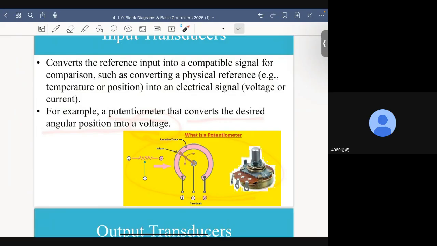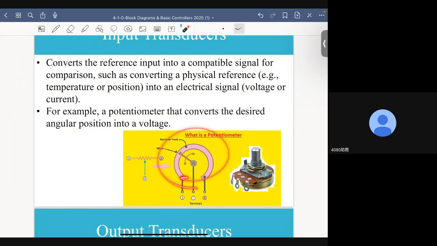When you want to set the speed of a fan for air ventilation, essentially you use a switch to determine the level of the speed of the fan.